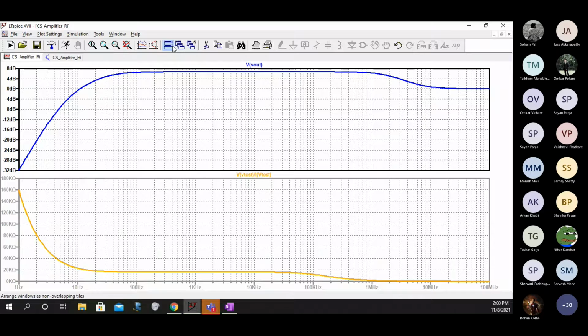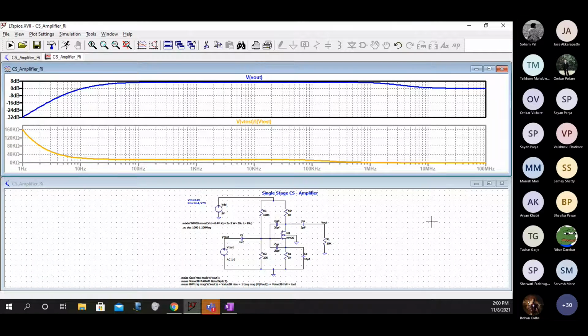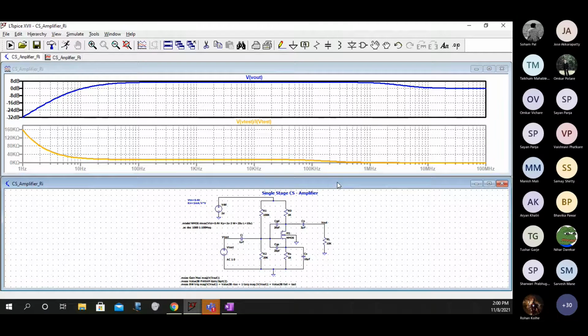Can you show me this graph quickly? Gain as well as Ri. Okay, Soham, correct. Very good. Yes, Soham, see here.